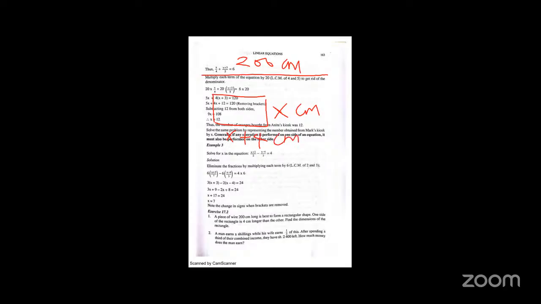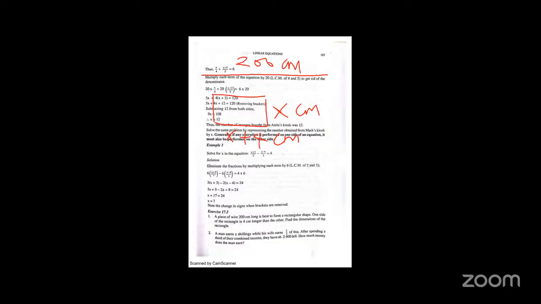Then we are asked to find the dimensions of the rectangle. For us to find the dimensions, we need to understand that the perimeter of this rectangular shaped figure that has been formed is equal to the total length of the wire that was used to make it.